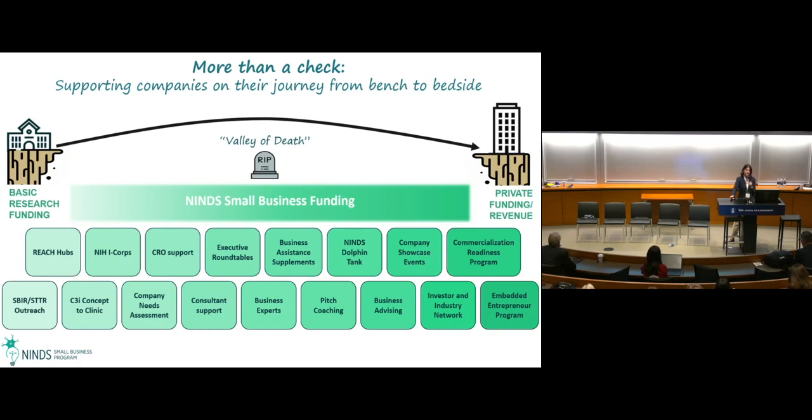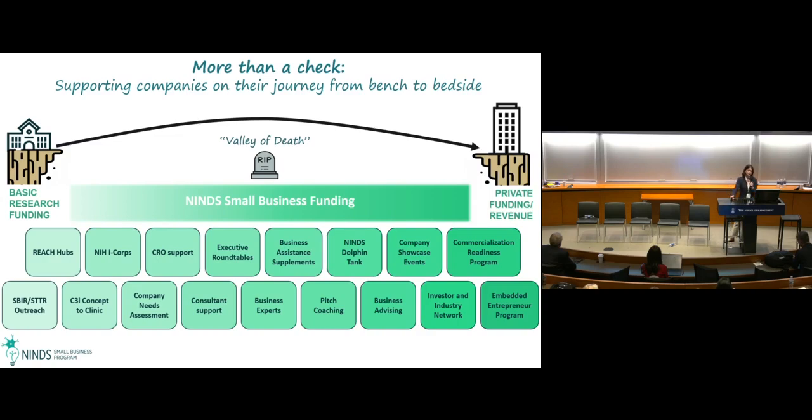SBIR is an important source of funding during this time, and our goal is to help technologies and companies get through this period, not only through the R&D funding that they get through grant funds, but also through our participation in programs that we've created at NINDS that will help companies and leadership teams to grow and mature.